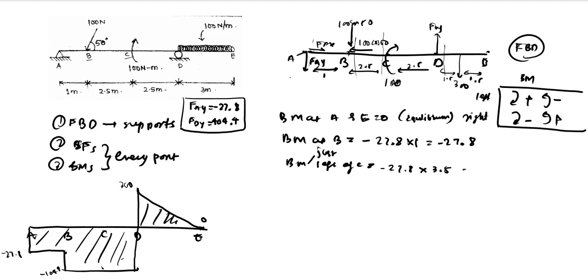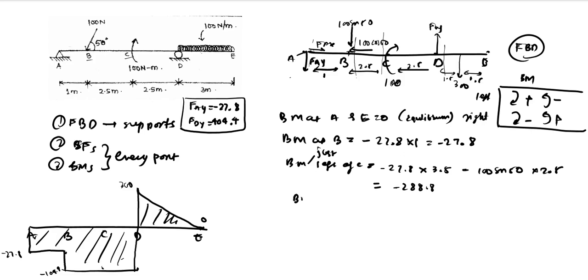And again there is an anti-clockwise moment because of the 100 sin 50 force into 2.5, the distance between C and that force. It is anti-clockwise, so it is negative. 27.8 into 3.5 plus 100 into sin 50 into 2.5 comes out to be minus 288.8.